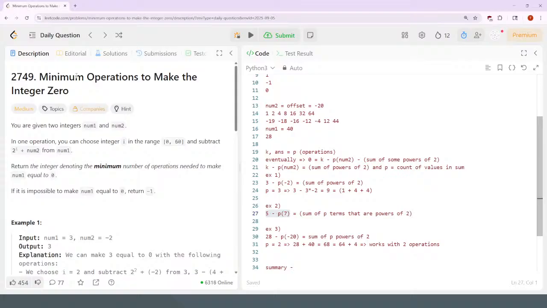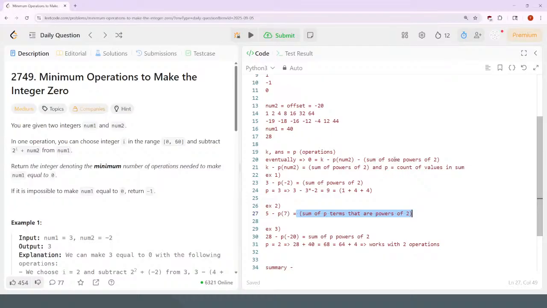So I know after p number of operations what the value of the sum of the powers needs to be. Strictly the sum of the powers, not including the offset. So when p is 1, I know exactly what the sum should be. When p is 2, I know what the sum should be. So that's fixed.